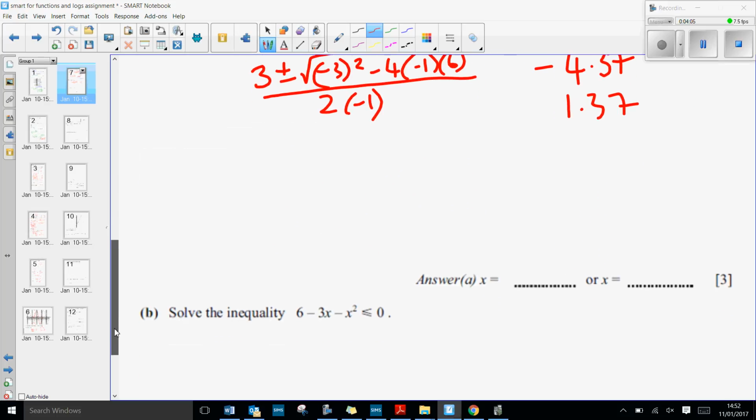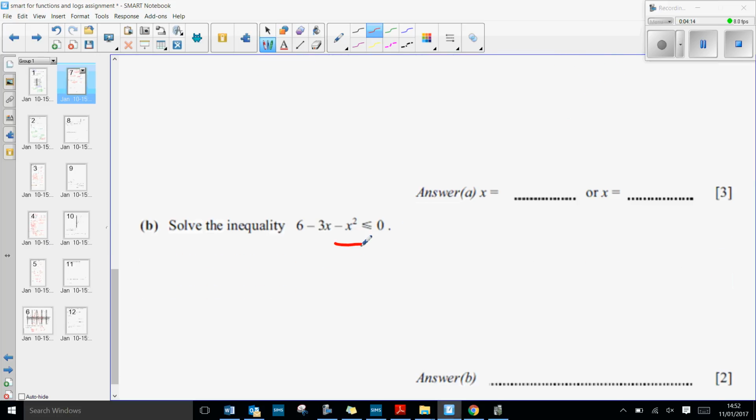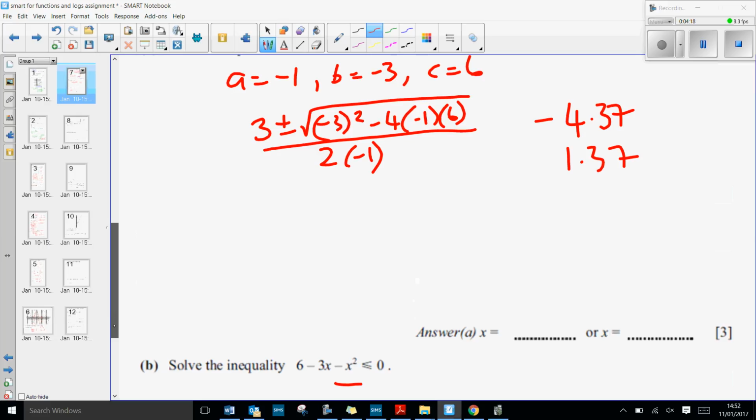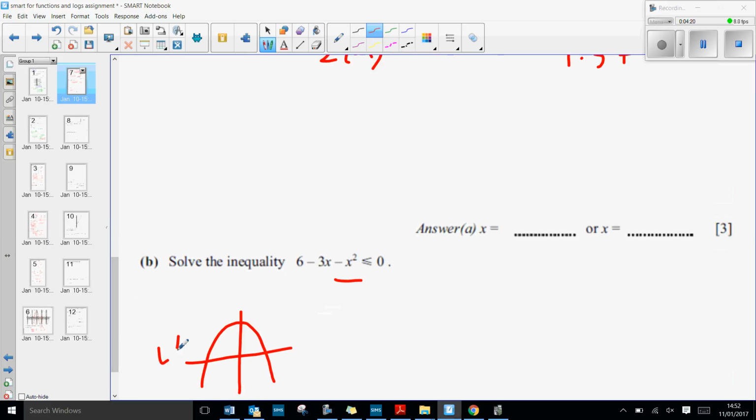Solve the inequality where it's less than 0. So this time we know it's a negatively sad parabola. So it's going to look like this. One of the values is -4.37, and the other is 1.37.